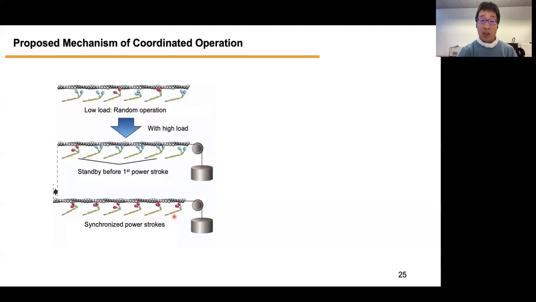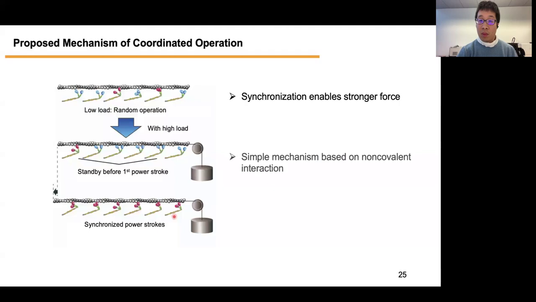And many myosins undergo the power strokes at the same time, so it causes synchronization. So I go back to my first point. Here, synchronization enables the generation of stronger force, and the mechanism for synchronization is rather simple and based on non-covalent interaction.